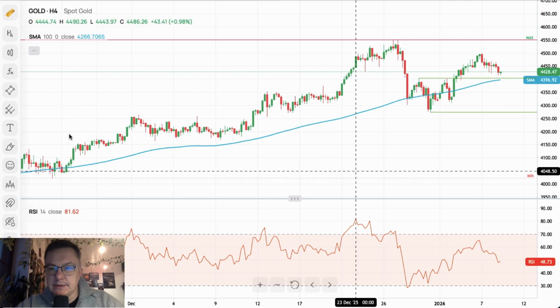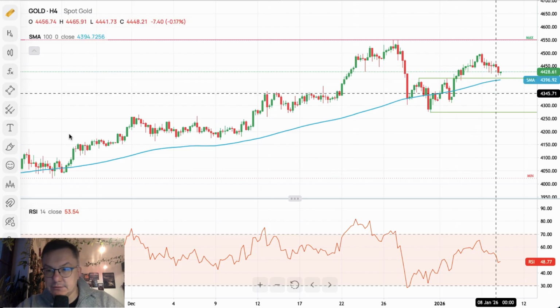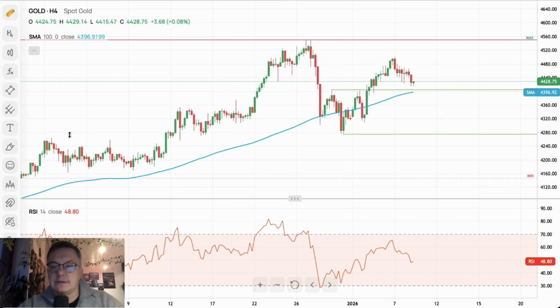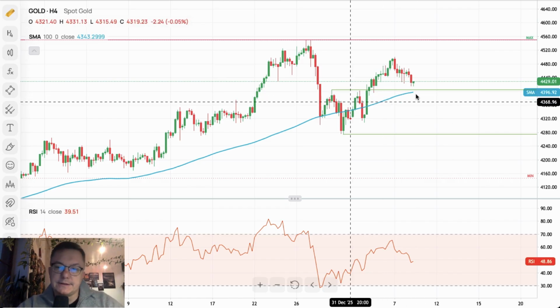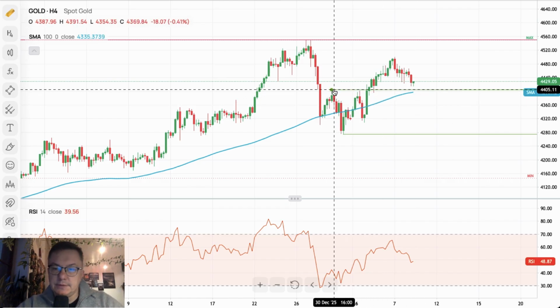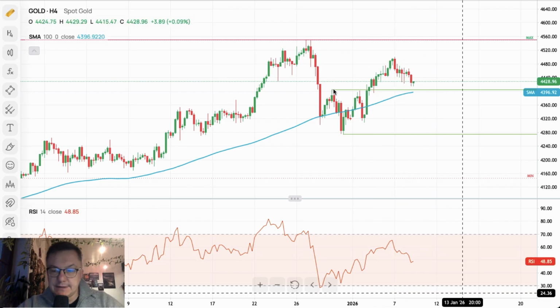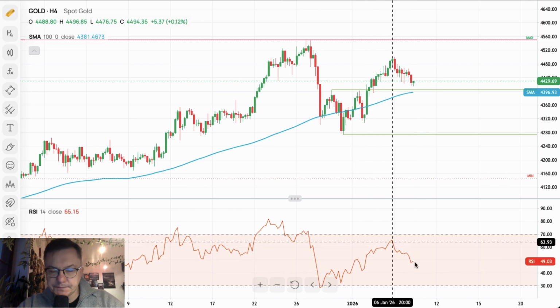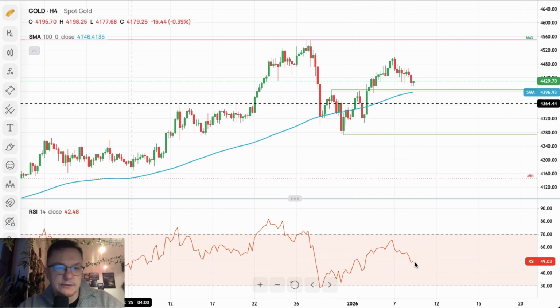The gold market keeps moving towards the 100 periods moving average. Right now it's located at 4,396, just below the 4,405 short-term technical support. As you can see, the momentum is testing the level of 50 right now, at 48 points. So after a short period of upside movement, the market is ready to do the pullback.